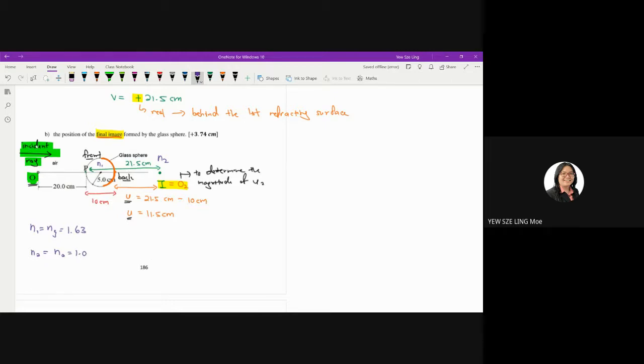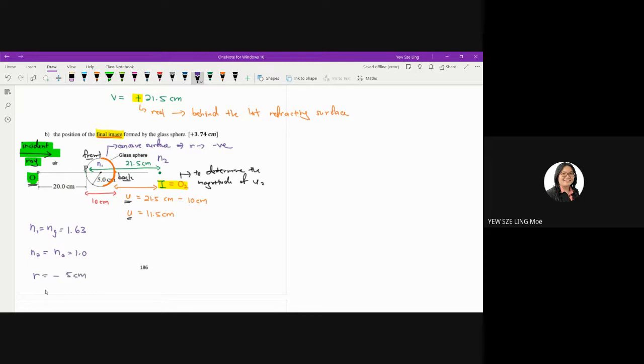Okay, so if you look at incident light ray, when it hits this refracting surface, it's hitting the inner surface of the circle. Which means now you have a concave surface right here. So your R should be a negative value. So R equals to negative 5 cm.